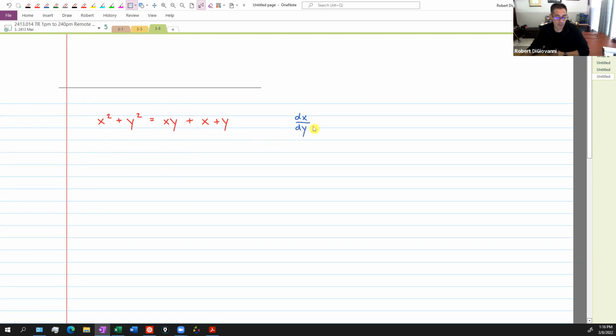When I'm looking at this, if I want to find this, then I look at the denominator here, dy. That is what I will differentiate with respect to this time. So I'm going to take the derivative with respect to y on the left side, and then I'm going to take the derivative with respect to y on the right side.